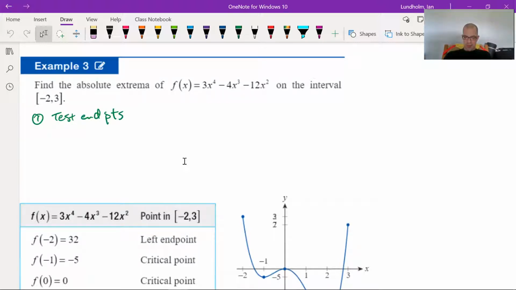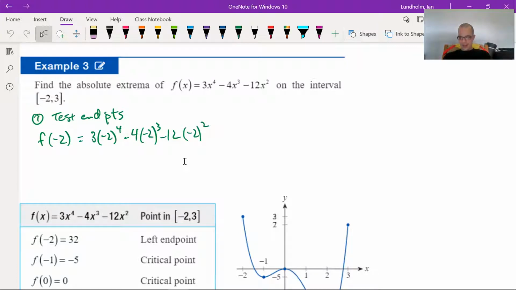So we would find f of -2. f of -2, 3 times -2 to the 4th minus 4 times -2 to the 3rd minus 12 times -2 squared.